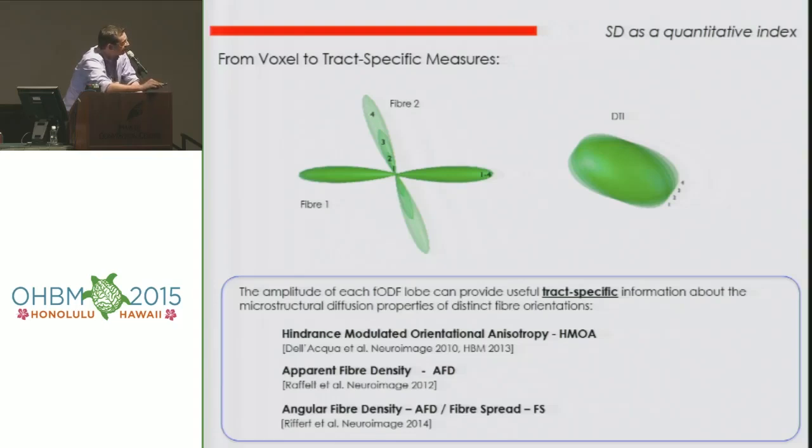Now, if you try to simulate a signal from spherical deconvolution and introduce some kind of degeneration in one of the fibers, losing volume fraction or radial diffusivity, whatever, you will see that one fiber is going to decrease, or even disappear, while the other fiber remains unchanged. That's quite interesting, because now we have a tool that can follow the degeneration of a specific track while the other healthy track remains the same.